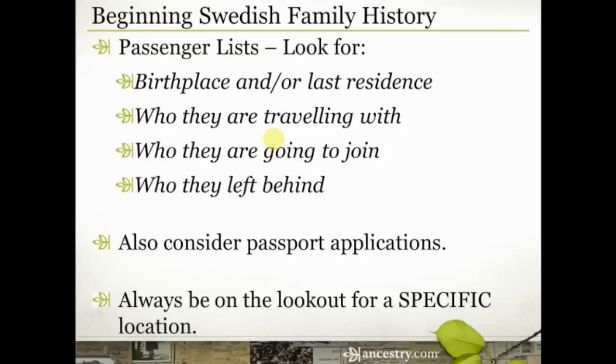Swedes were one of the groups of people who engaged in what we call chain migration. Chain migration simply means that a member of the family would immigrate, and then they would send for other members of the family.